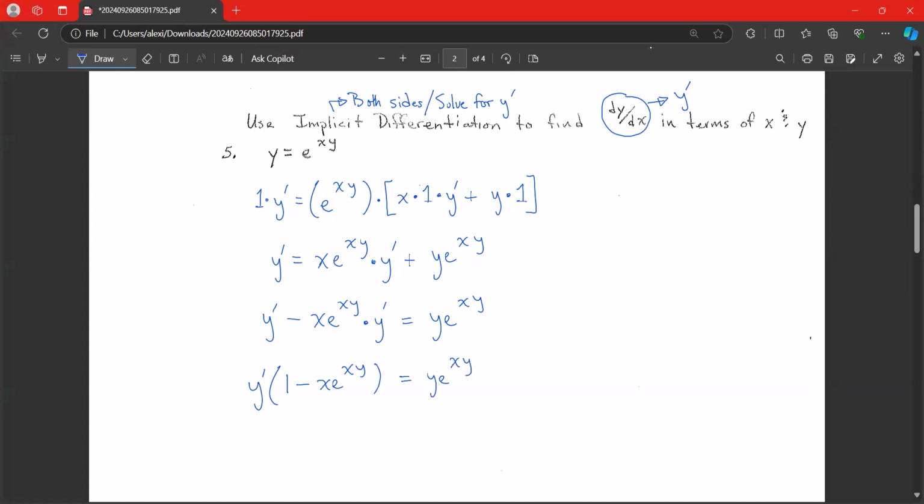And then the last thing I'm going to do is go ahead and divide by 1 minus x e to the xy. And we have y prime equals y e to the xy all over 1 minus x e to the xy.